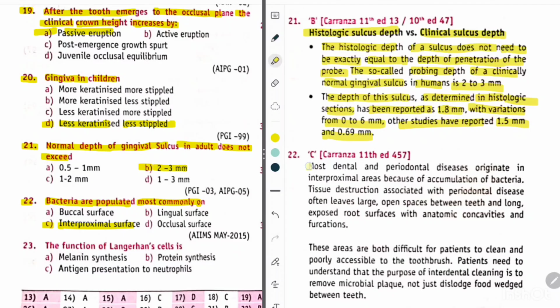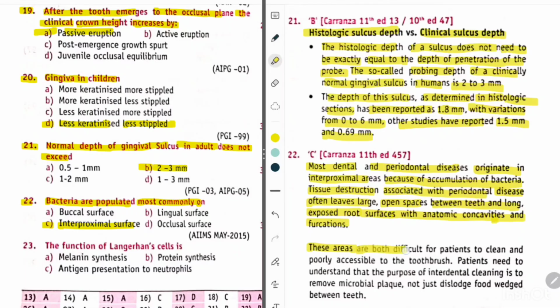Explanation is most dental and periodontal diseases originate in interproximal areas because of accumulation of bacteria. Tooth destruction associated with periodontal disease often leaves large open spaces between teeth and long exposed root surfaces with anatomic concavities and furcations.